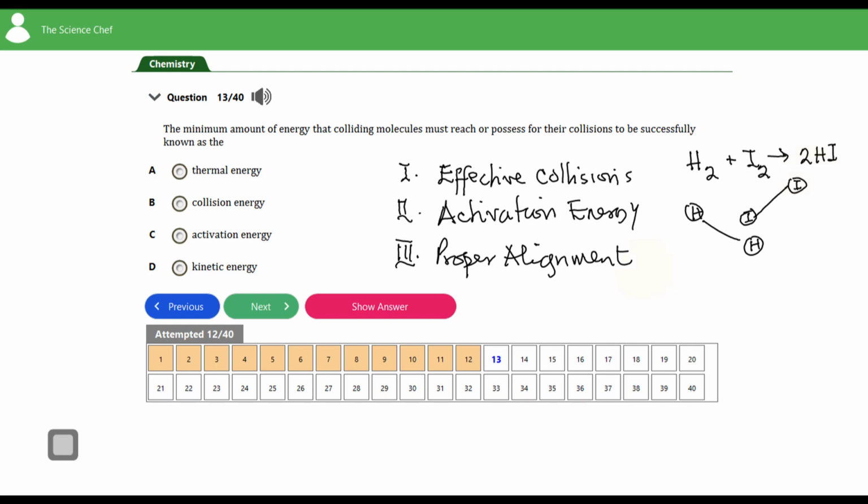For there to be formation of products, the hydrogen molecule must align properly with the iodine molecule, right? With this, now you can have effective collision. So these two will collide, right? And as they collide, a new bond will be formed here, while this one will be broken.